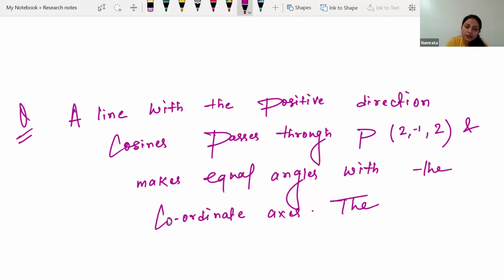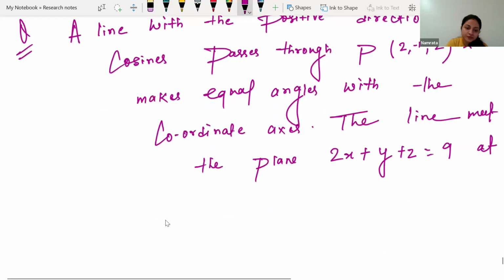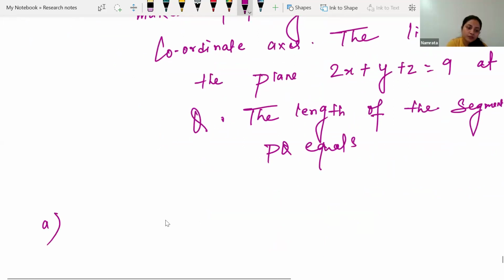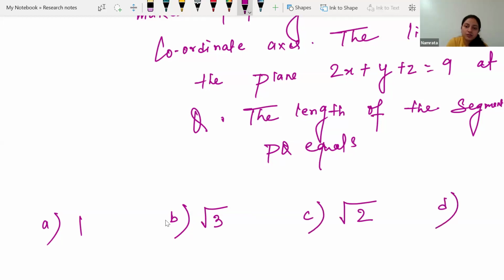The line meets the plane x plus y plus z equals 9 at Q. The length of the line segment PQ equals: option A 1, option B root 3, option C root 2, and option D 1.